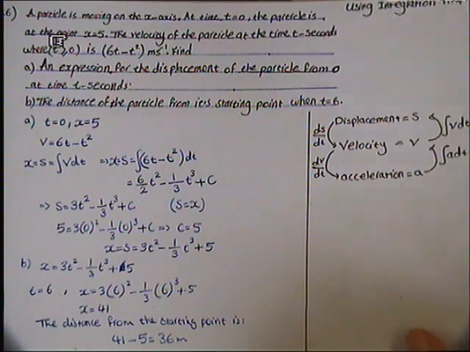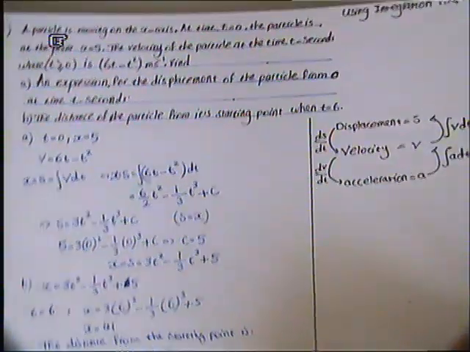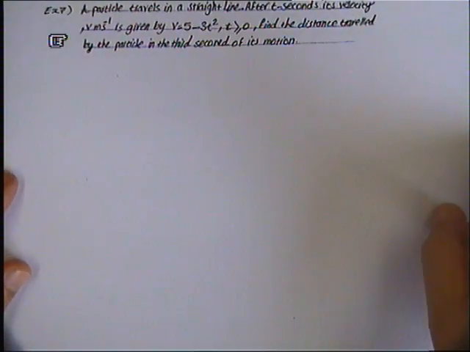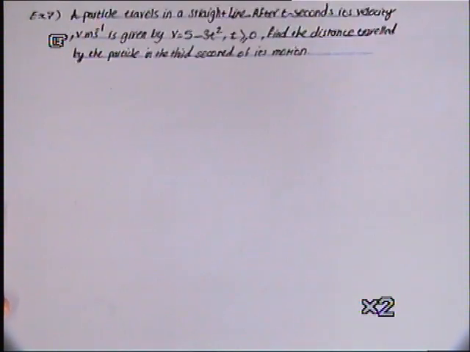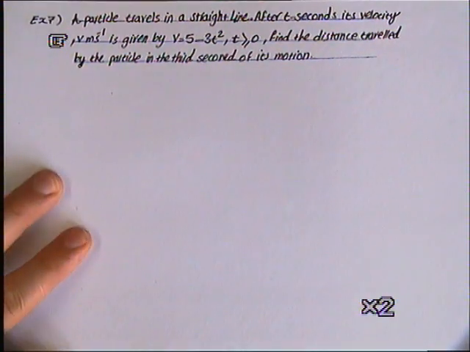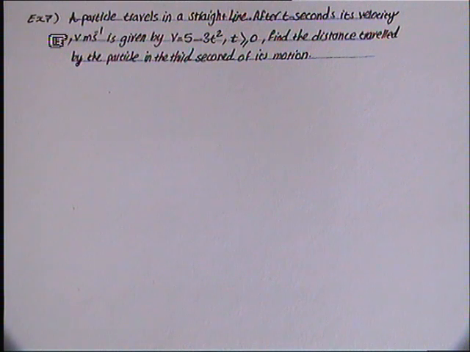Okay, let's move on to example 7 now. Example 7. A particle travels in a straight line.